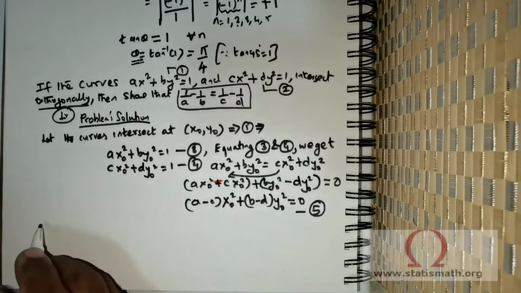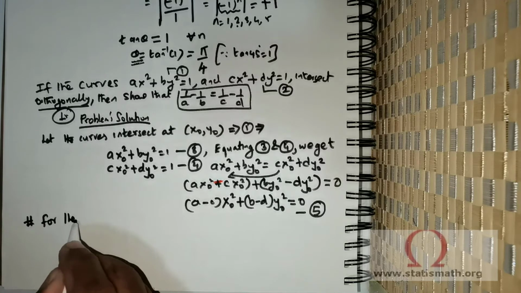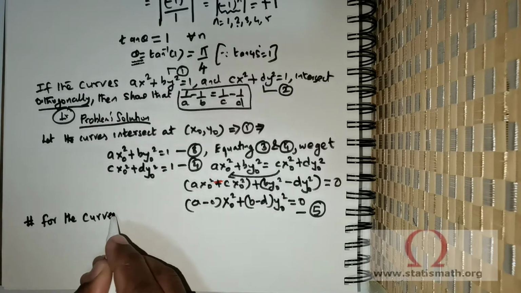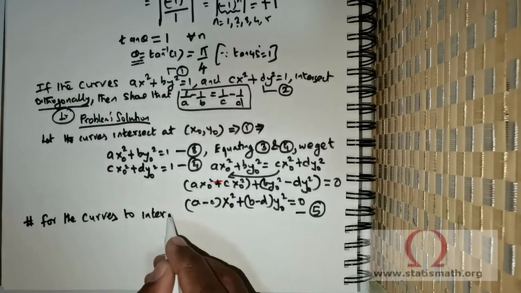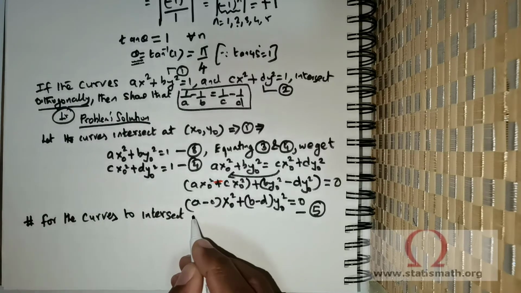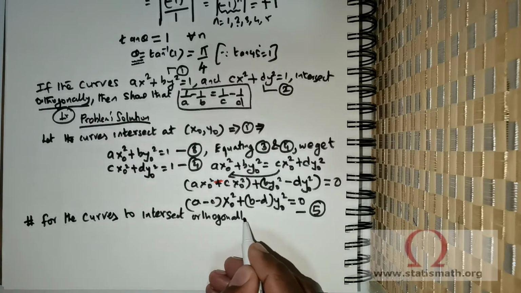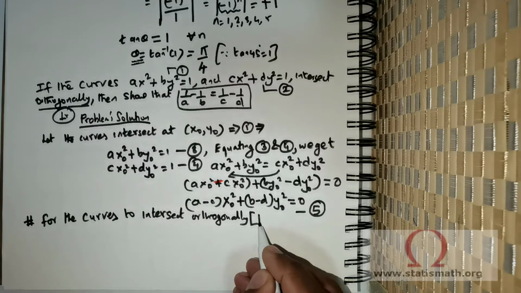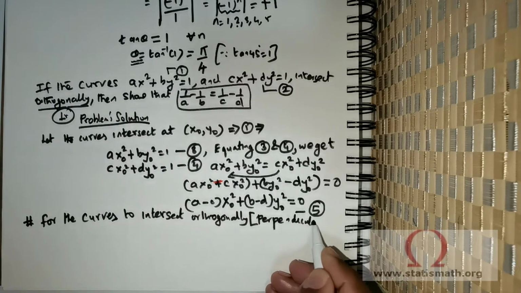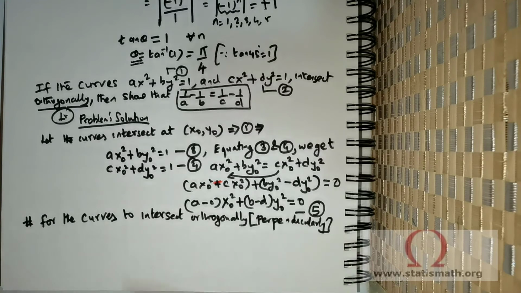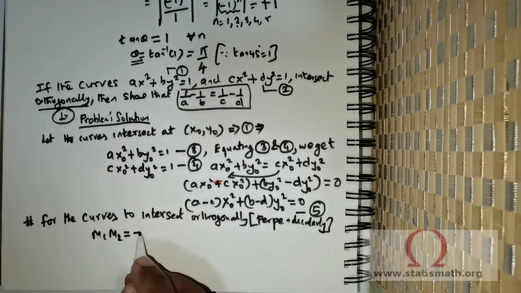Now, the next important point you have to know is that for the curves to intersect orthogonally — I already told you the meaning of orthogonal, it means perpendicularly — the slope m1 multiplied with m2 should be equal to negative 1.